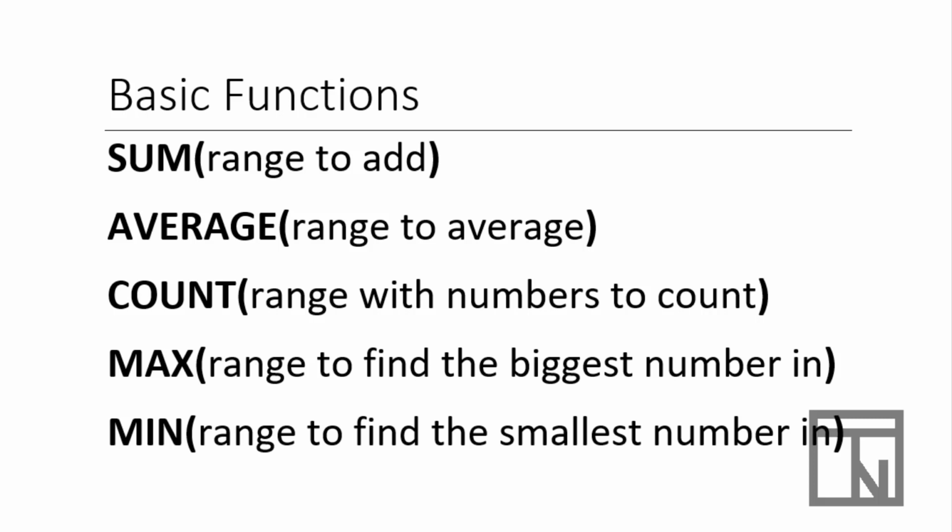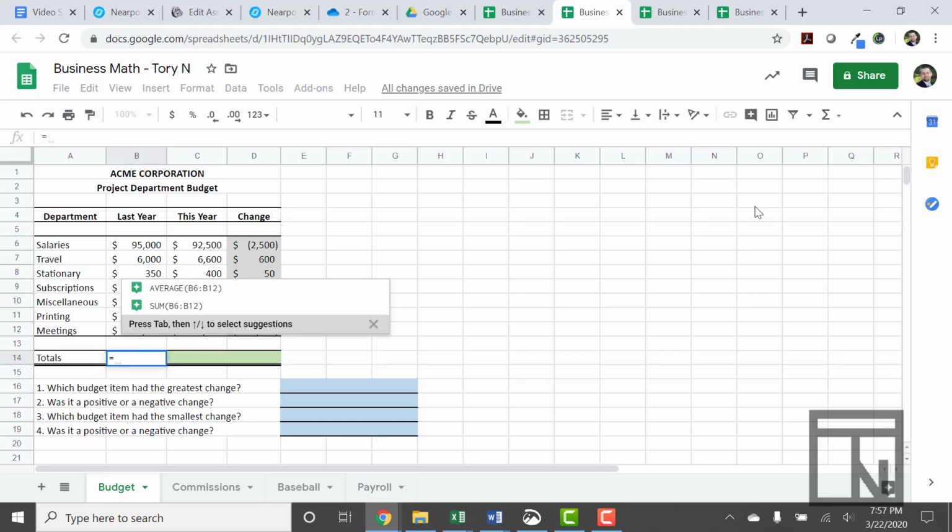How a basic function works is you start by listing the name of the function after the equal sign. Then in parentheses, you give it a range of cells or a group of cells that you want to calculate using that function. So for example, if we were going to total something like we are today, then we would want to use the sum function.